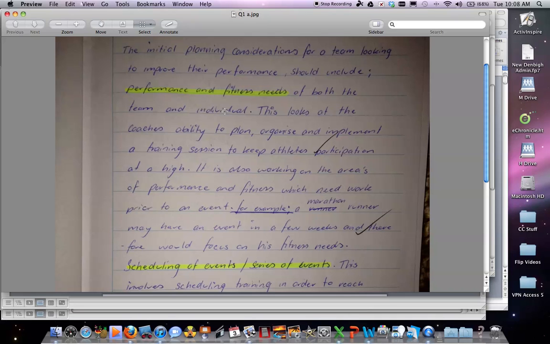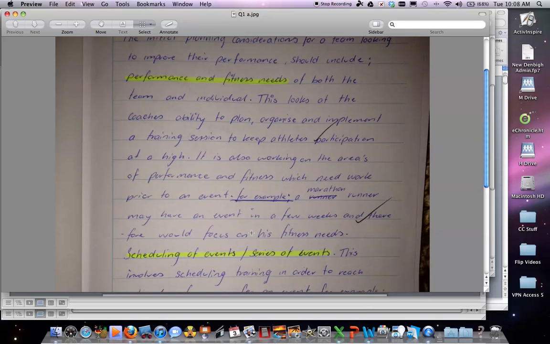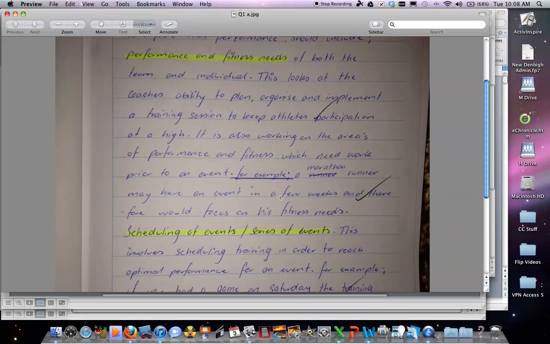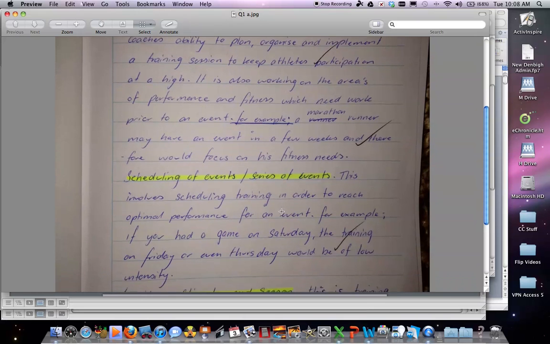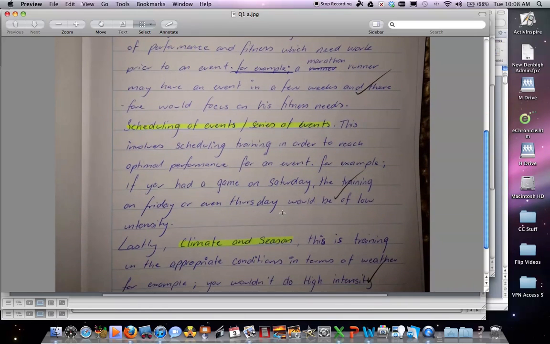Again, reminding you all that it needed to have an emphasis of team in this particular answer. This answer here has got an example, and whilst it talks about a marathon runner, that would be the fault that I would offer here.